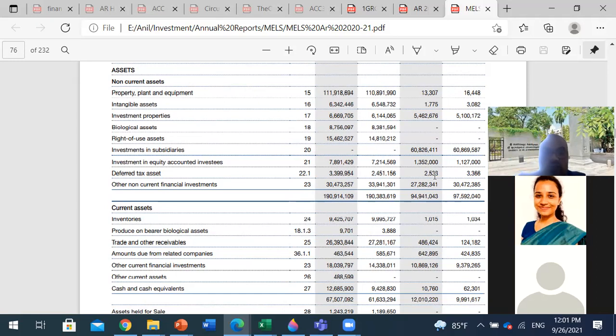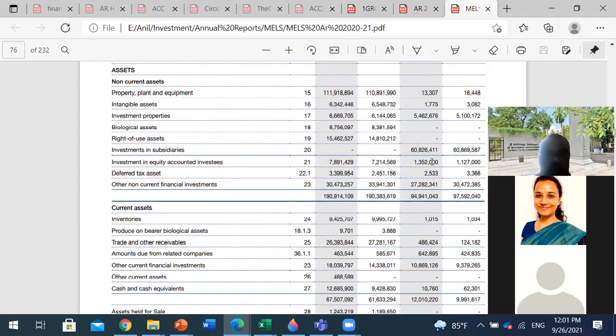So it has nothing to do with finance. It's something related to tax. Of course, someone can argue that tax has nothing to do with operation, even because it is decided by the tax authorities. Yes, but finally, the ultimate tax liability is determined based on your operation. So therefore, it is considered to be an operating activity.